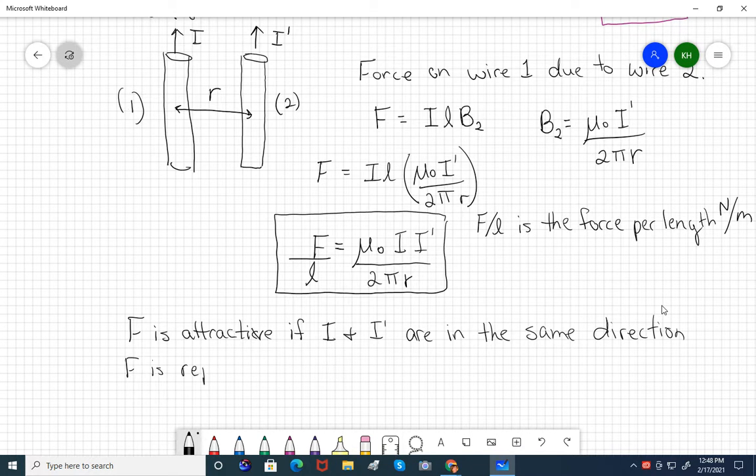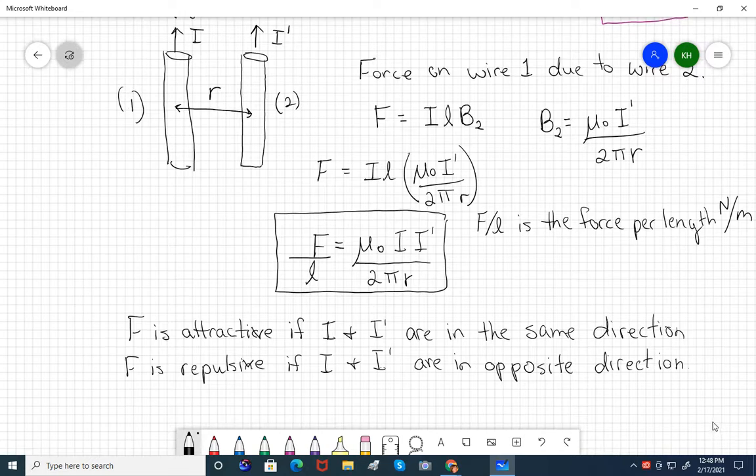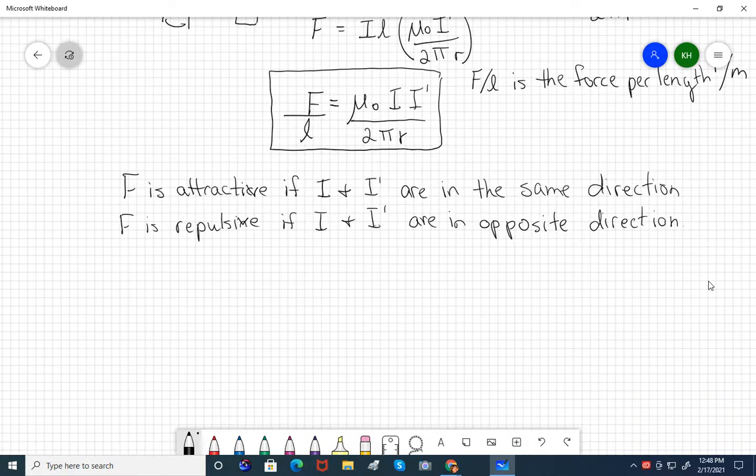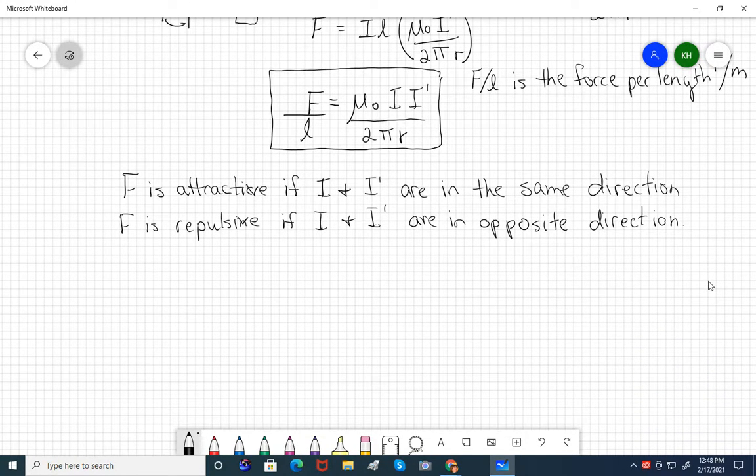F is repulsive if I and I prime are in opposite directions. Now this formula applies strictly to parallel wires. We're not going to talk about other orientations, but truthfully, if they're perpendicular, they would not even have a force.